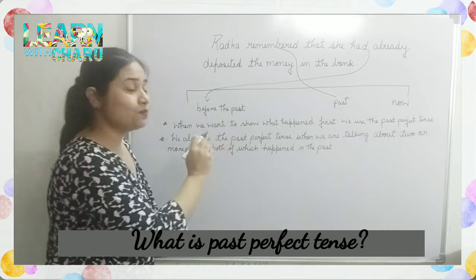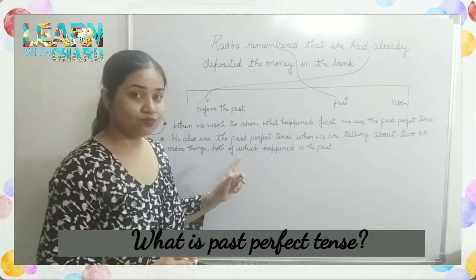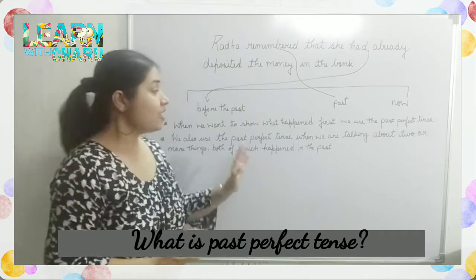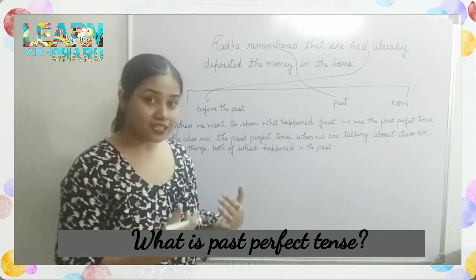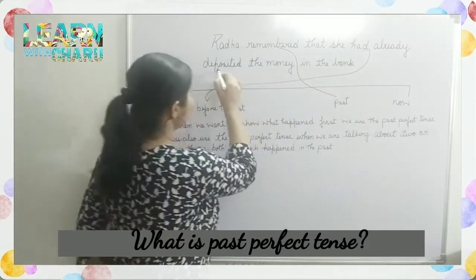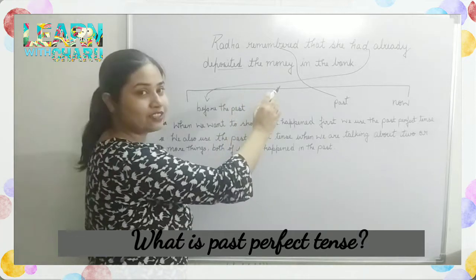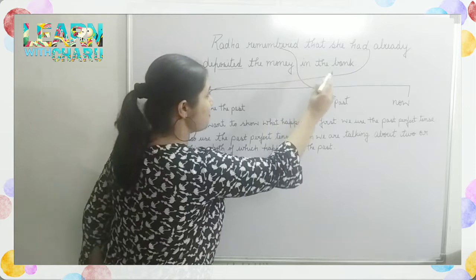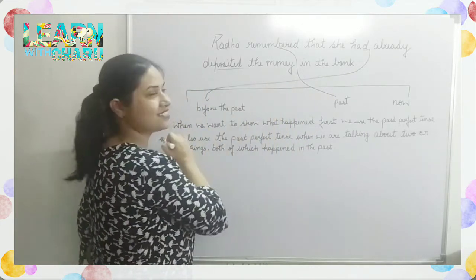So what I told you? I told you that when we want to show what happened first, we use past perfect tense, right? So that's why we have used here had already deposited. It means this action, that she had already deposited the money in the bank, happened first.